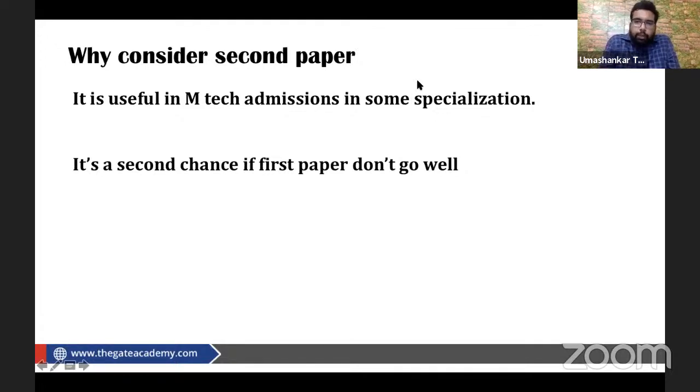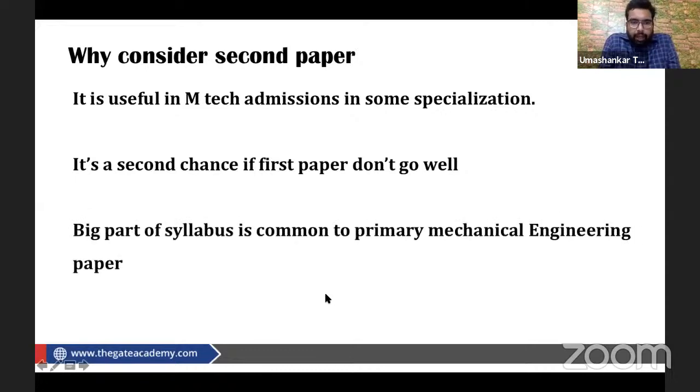So if you are looking for the second chance, definitely, but it is not beneficial for PSU, because at most no PSU is recruiting from these branches.